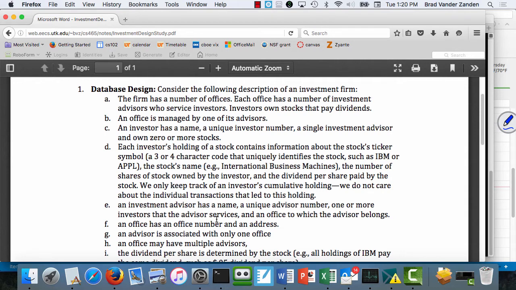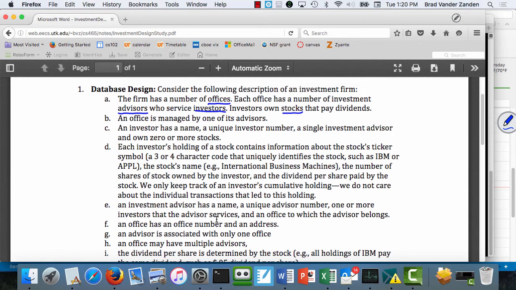So we kind of look through each thing in turn. We see that a firm has a number of offices. Offices certainly seems like an entity. And each office has a number of investment advisors who service investors. Investors own stocks.